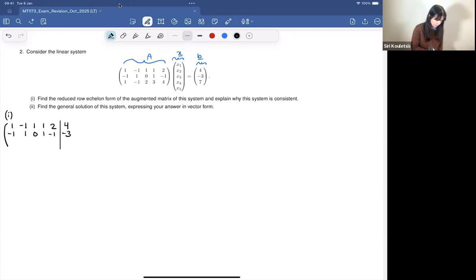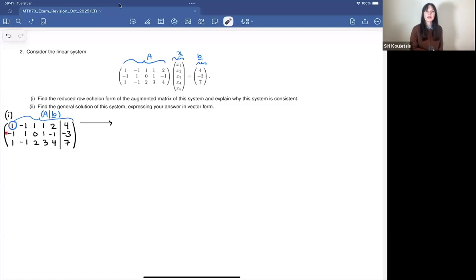Just take care here that we transfer the numbers accurately. We see here that we have a leading 1 in the first row here.